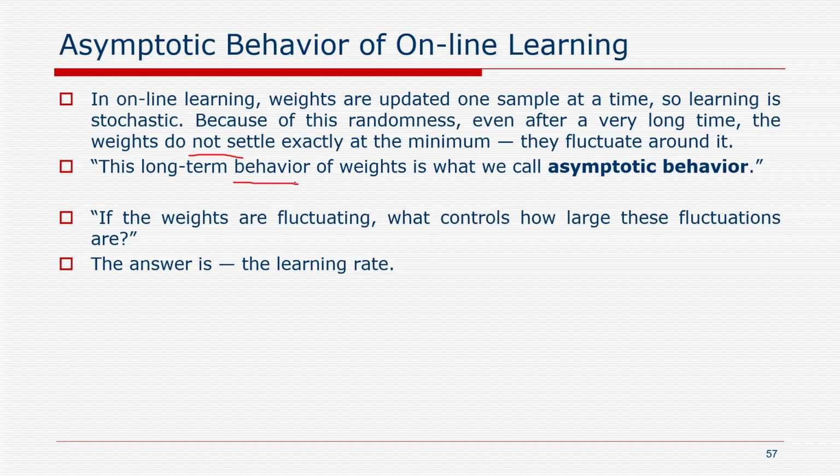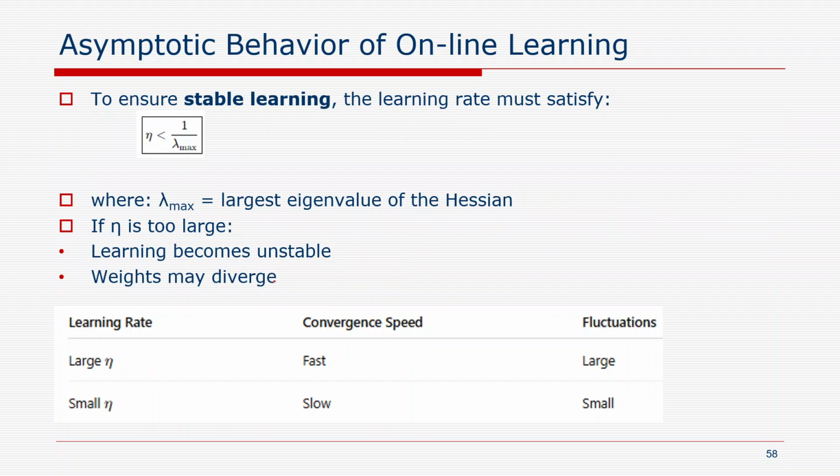The long-term behavior of the weights is what we call asymptotic behavior. If the weights are fluctuating, what controls how large these fluctuations are? The answer is the learning rate.